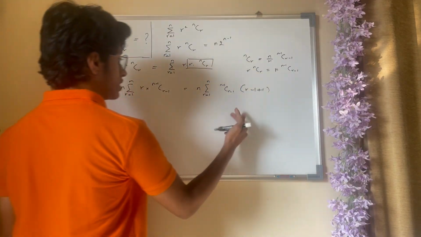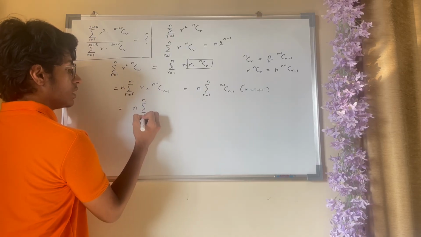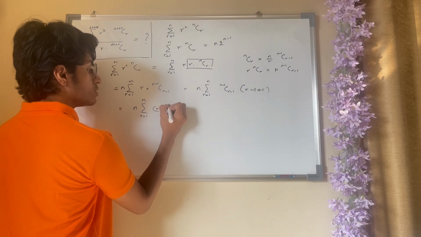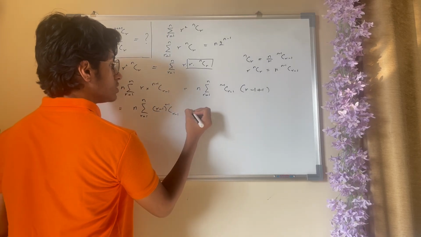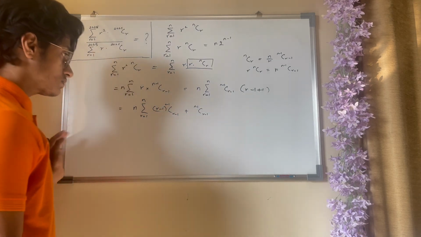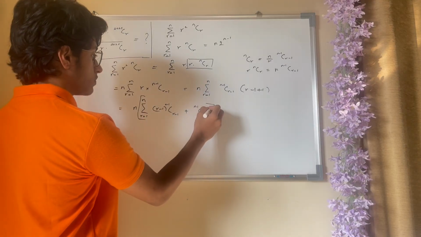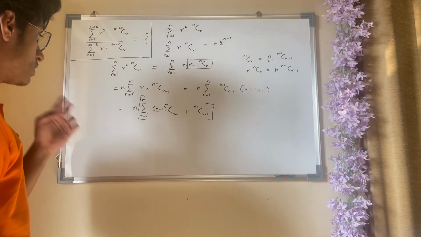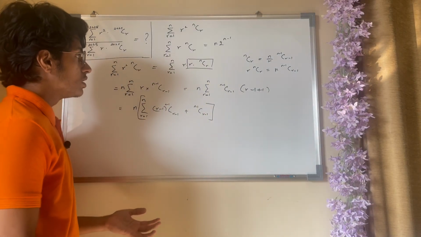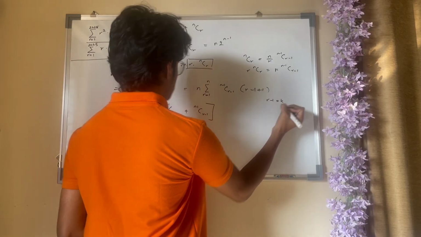Now this can be written as sigma r equal to 1 to n of (r minus 1) into (n minus 1)C(r minus 1) plus (n minus 1)C(r minus 1). Now taking r minus 1 as another constant k to make this simpler, r minus 1 is equal to k.